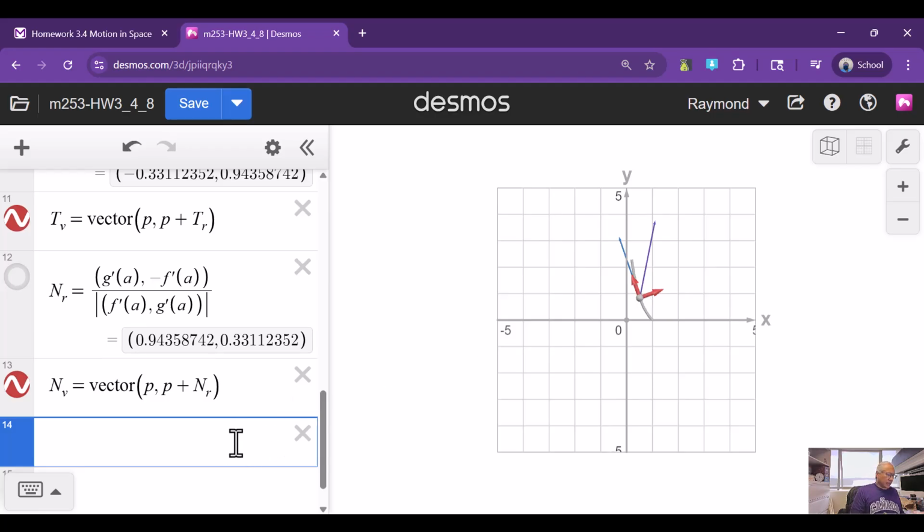So I'm going to call this a sub t, and that's going to equal, now we actually want vectors that we're going to dot, so it's going to be the a vector, that's the acceleration vector, dotted, so that's just the multiplication symbol, with the t sub v vector, and then you'll see this length here.